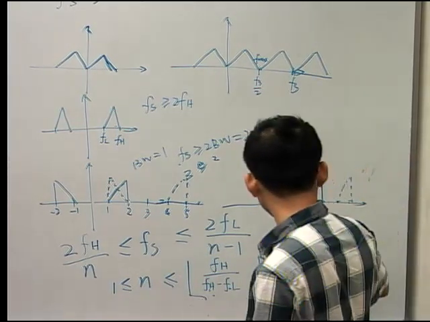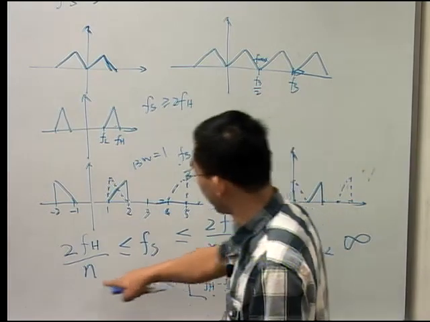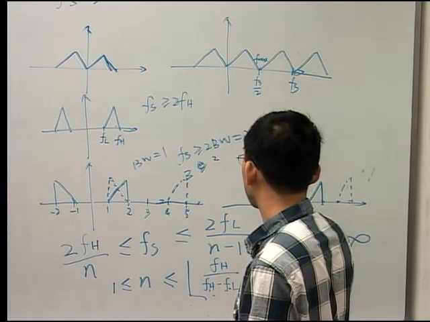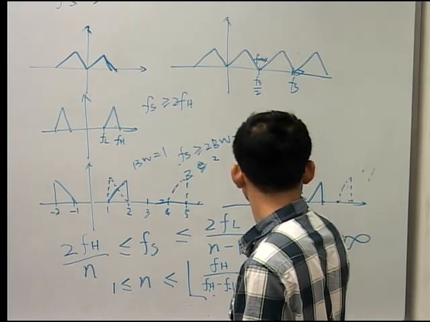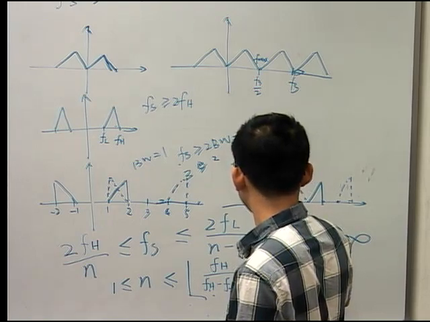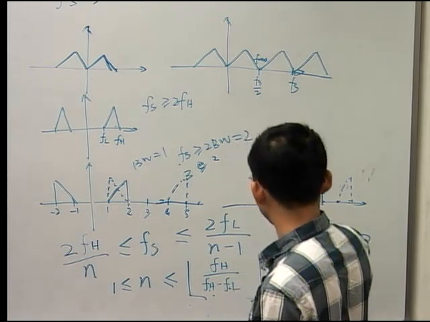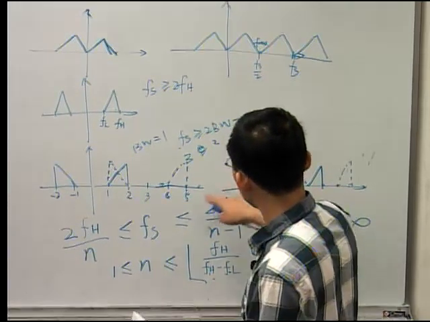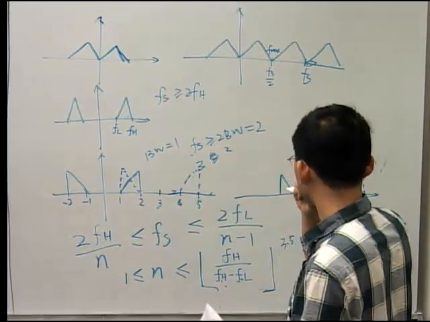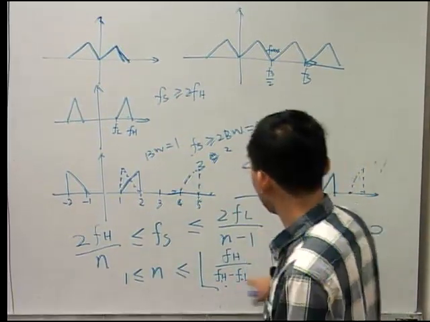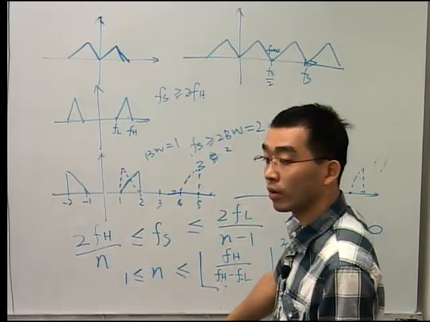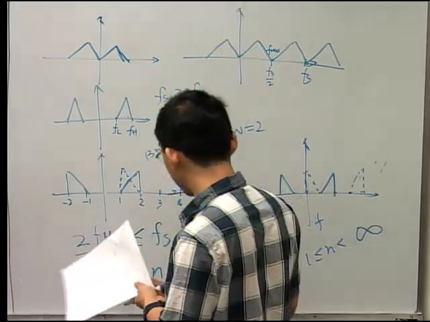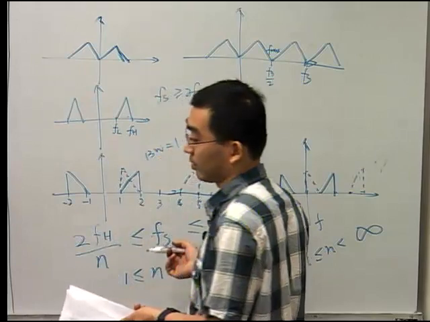So this n can be any number, and if n is very, very large, we can take n equal to 1. If n is 1, this one becomes infinity. Oh no, I think you want to take this one to infinity, then this is equal to 0, right?